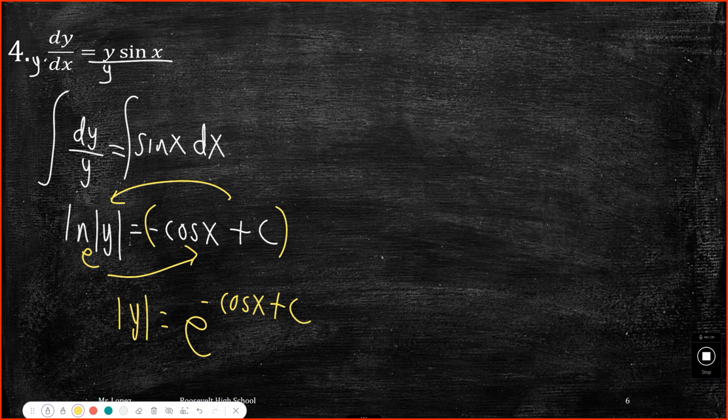And let's keep the absolutes on it. So absolute value of y equals e to the c times e to the negative cosine x.